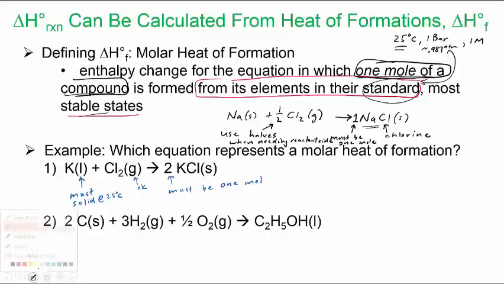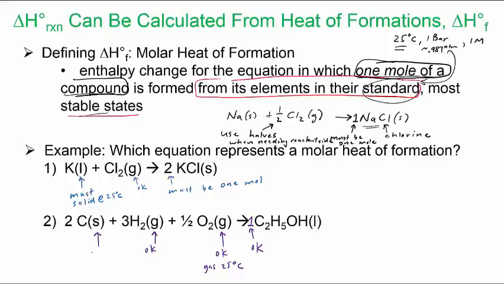Okay, so let's take a look at the next equation. This is 1 mole, so this is okay. We have oxygen as a gas, this is okay. It's a gas at 25 degrees Celsius. H2, this is good. And carbon in its elemental form is a solid.